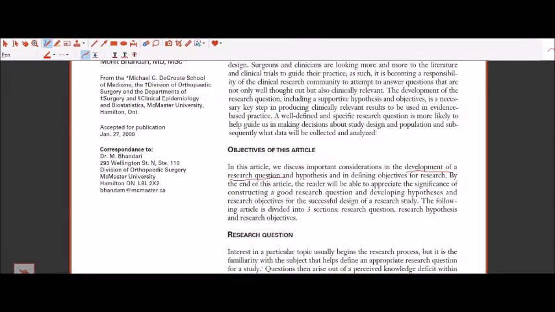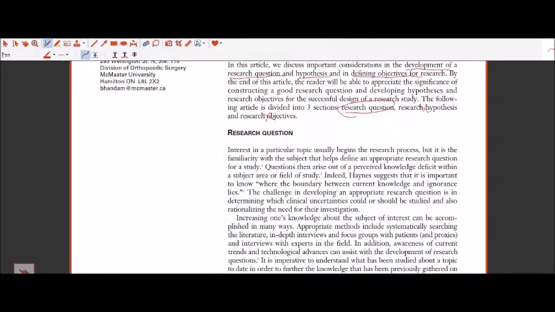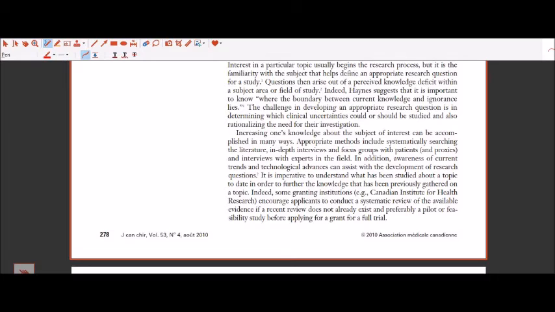So here my focus will be exclusively on the research question and not on research hypotheses or research objectives. I'm not going to focus on these two things at all. Here you will see that the authors have really helped us to understand how they have approached it and what kind of things they are discussing.